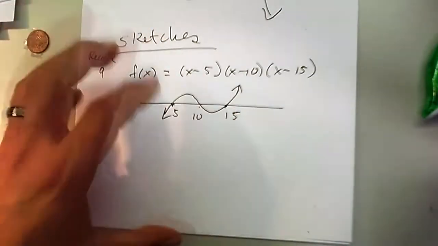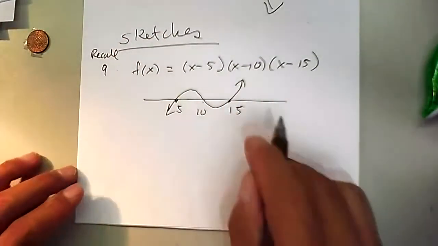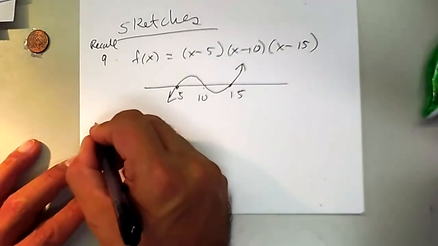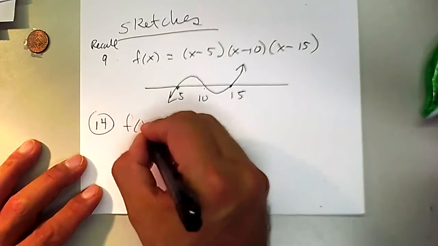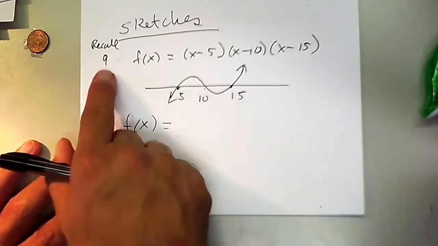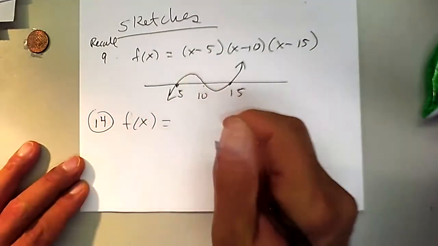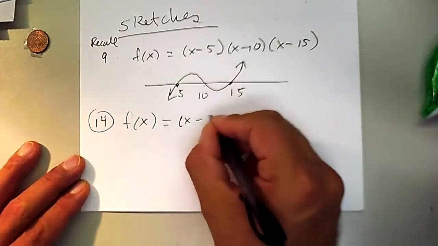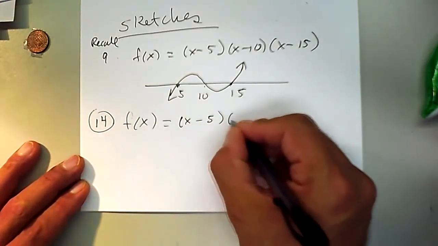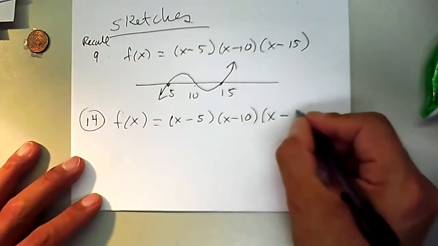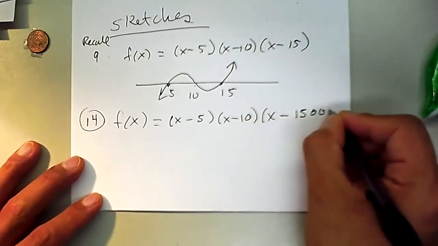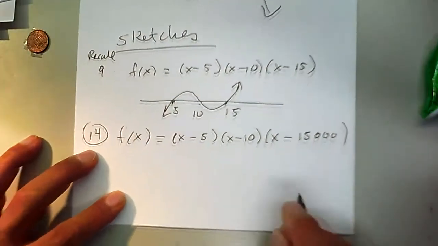But I don't want to make a big deal about those because I want to look at the zeros. The one thing I want to point out to you now is this example. This is 9, which I want to compare to 14. Say you have x minus 5, x minus 10, and to exaggerate, x minus 15,000. How many zeros did I put? One, yep, 15,000.